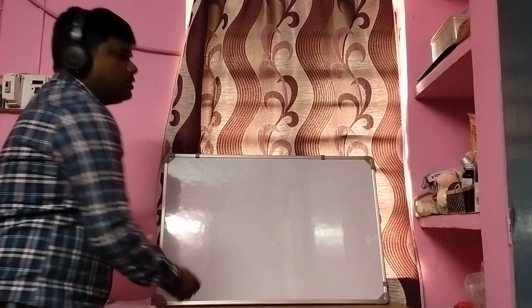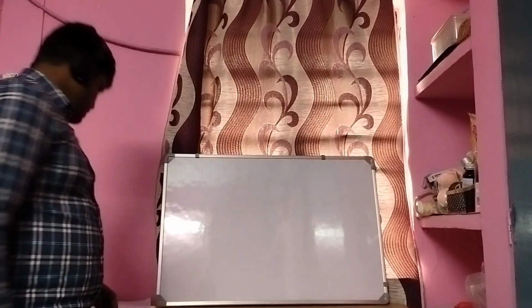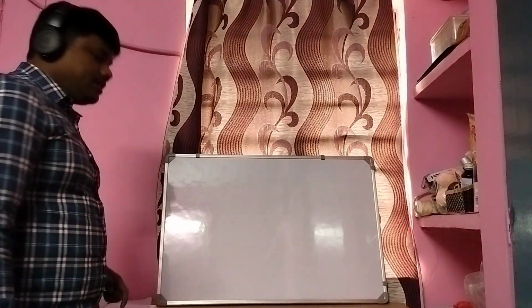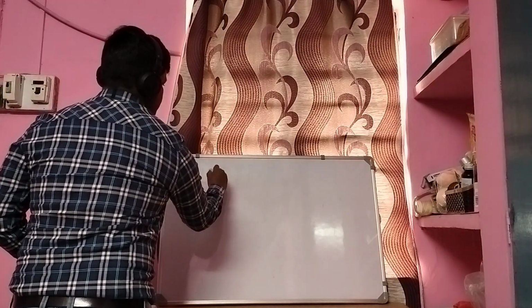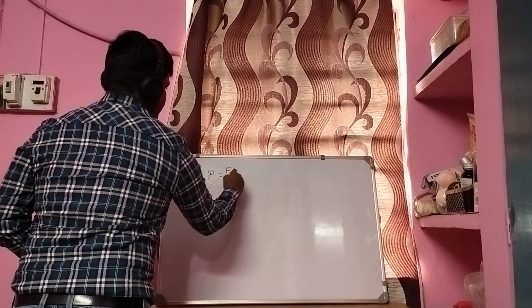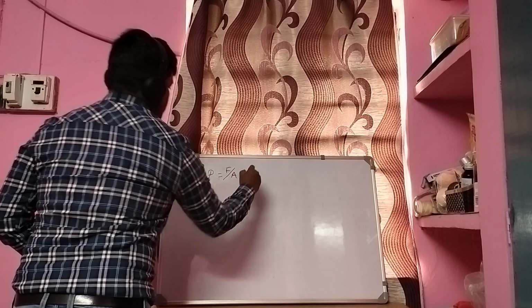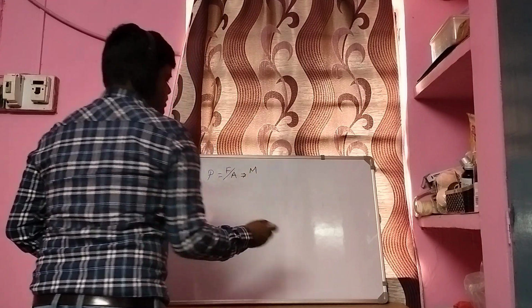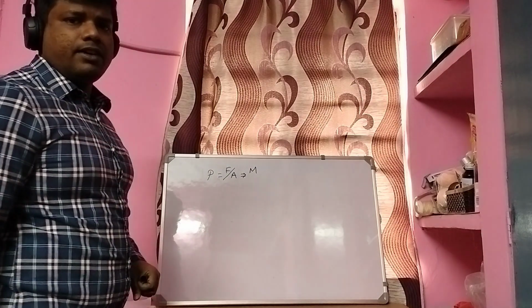So what is the use of dimensions? Suppose we are going to convert from one unit to another unit. What is the unit of pressure in the SI system? Pascal. And what is pressure? Pressure is force per unit area. What is the dimension of force? Force is mass into acceleration, from the second law of motion.